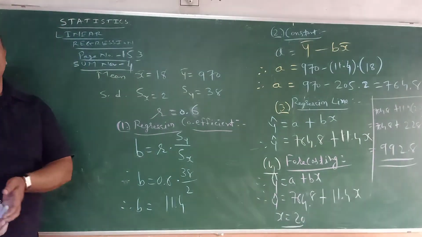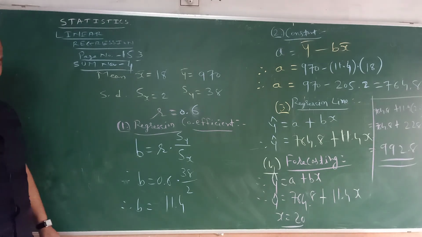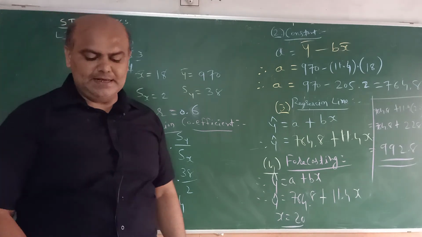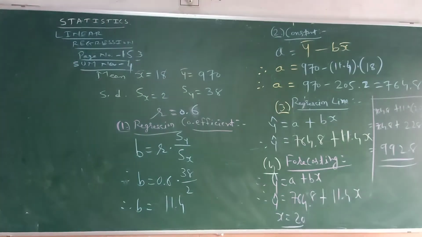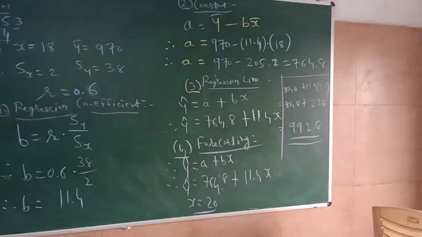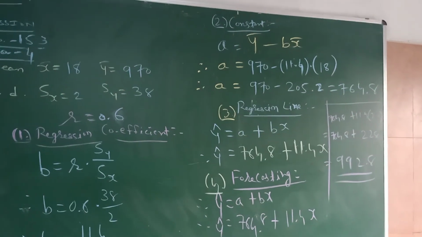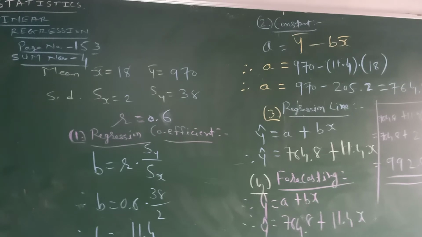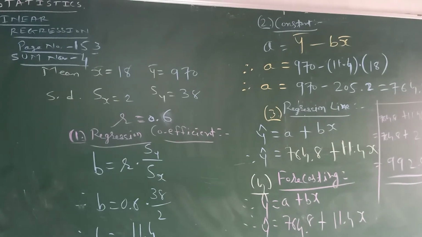So students, whenever correlation coefficient R is given, then we can easily find the regression line and also do the forecasting. Whenever correlation coefficient is provided, our first step is to find the regression coefficient, that is B, B is equal to R into Sy upon Sx.